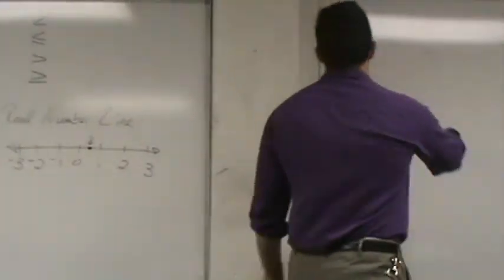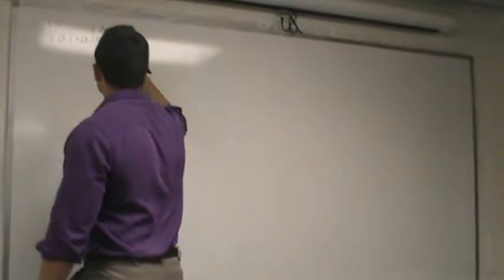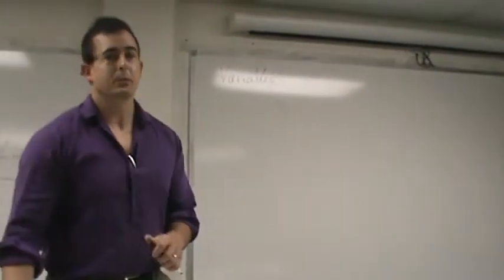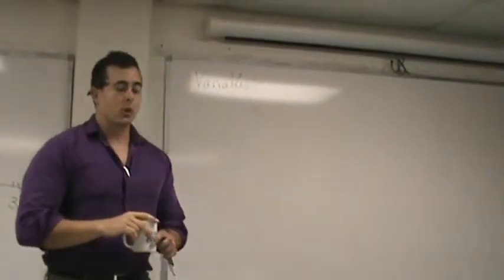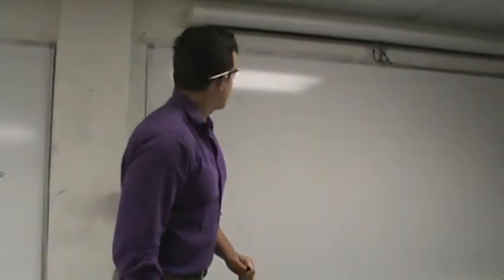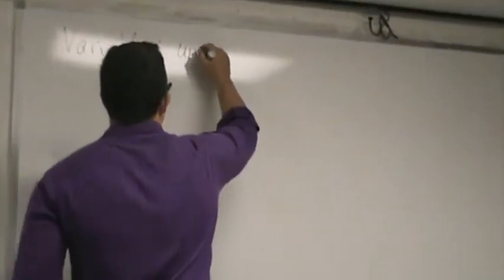This lets us get into variables. So the first time in this class that we're seeing variables, basically it's anything that takes the place of a number. So a variable represents some unknown value.